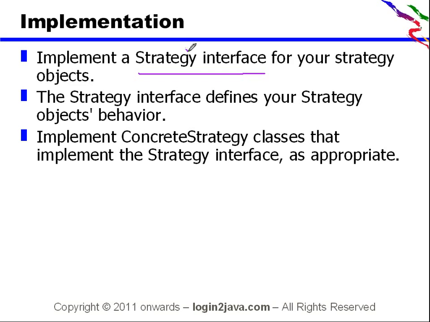What it means is, you should have a strategy interface and define some methods that will depict the behavior of this interface, and then implement concrete strategy classes that implement the strategy interface as appropriate. So even if now you can think in object oriented terms, this seems to be a simple implementation where you will be having an interface and some methods and concrete classes implementing the interface.